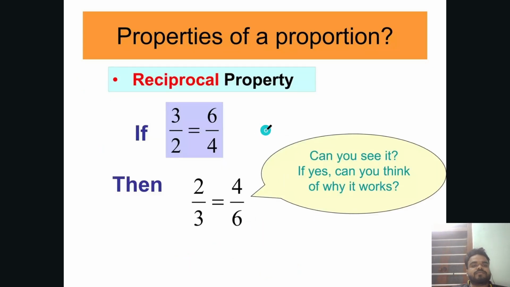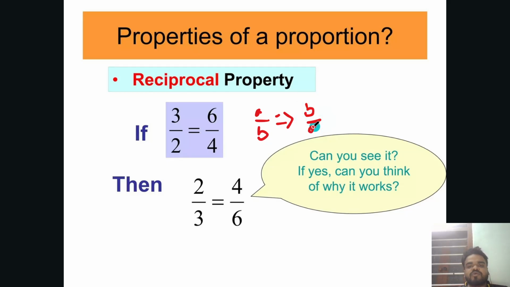Reciprocal property. In the properties of proportion, there is a reciprocal property. Do you know the meaning of reciprocal? Let's learn that. If you write any number's numerator into the denominator and the denominator into the numerator, it is called the reciprocal. So a by b is a ratio. I will write b by a.